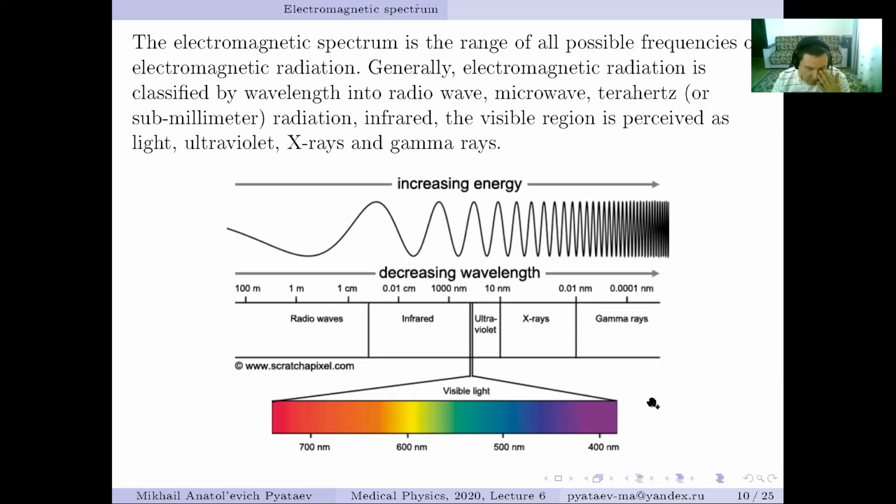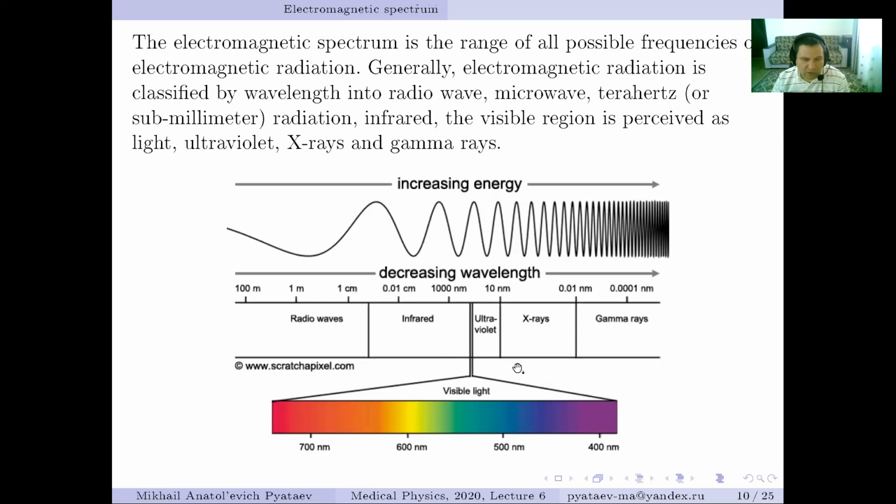And that's why visible light was the base of this spectrum scale. And when new types of radiation were found, were revealed, they called them infrared and ultraviolet. Infrared means larger wavelengths than red, and ultraviolet means shorter wavelengths than violet.